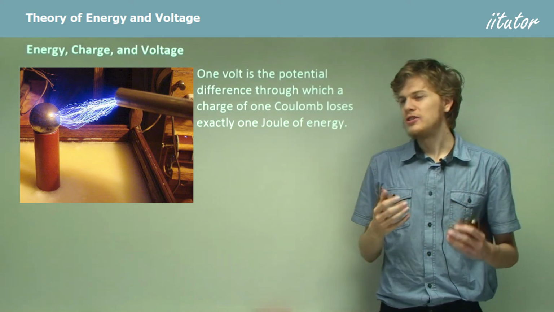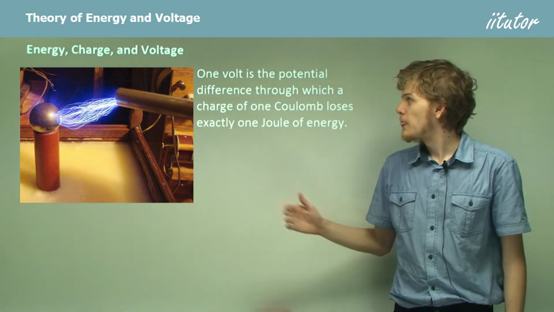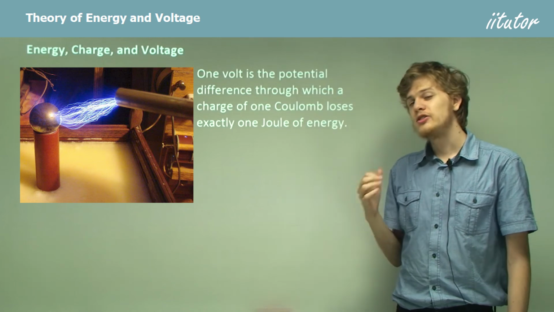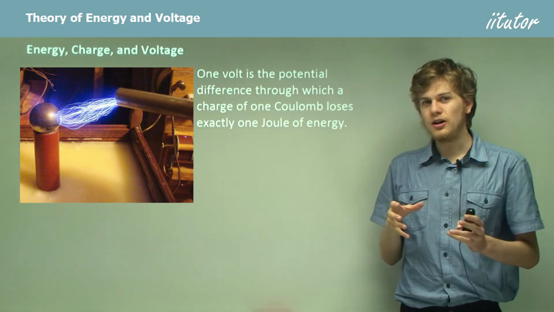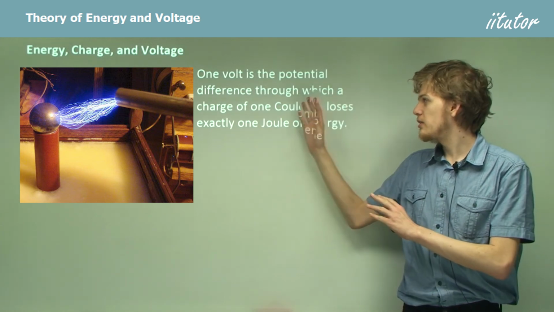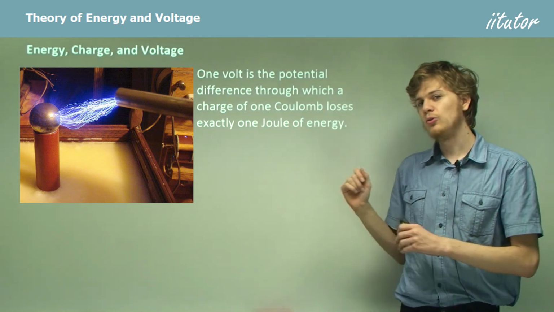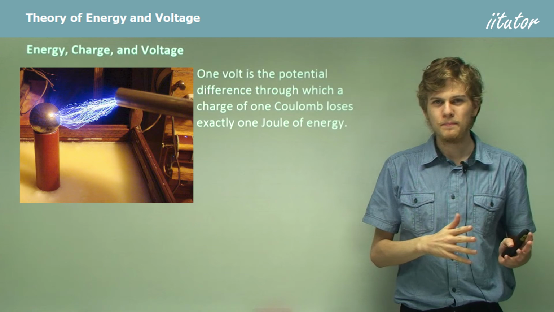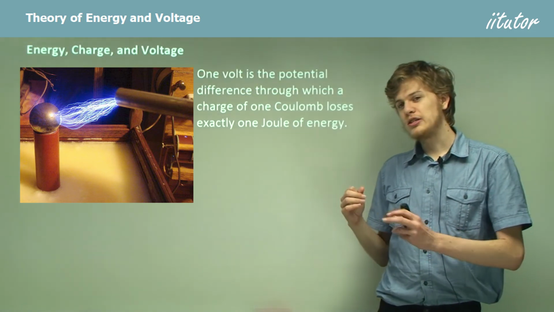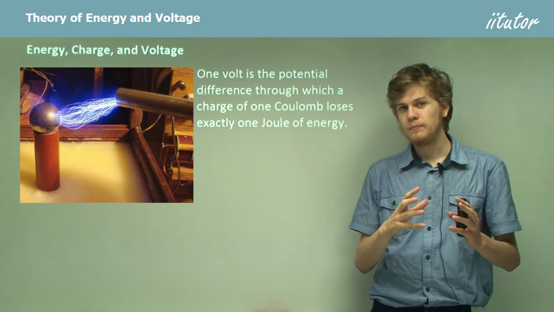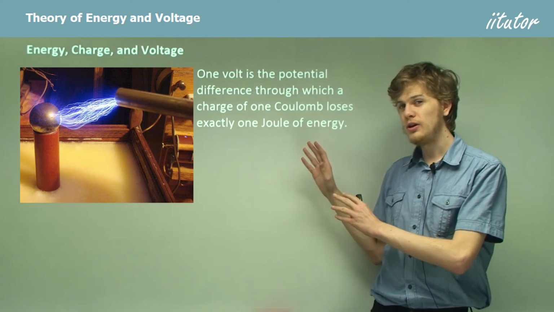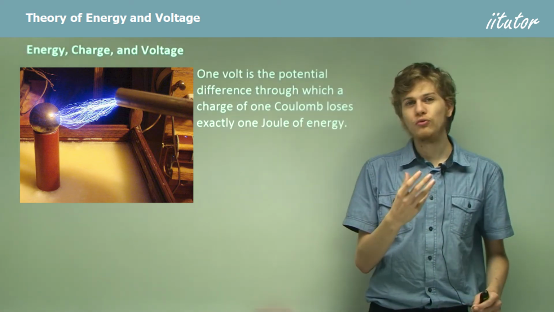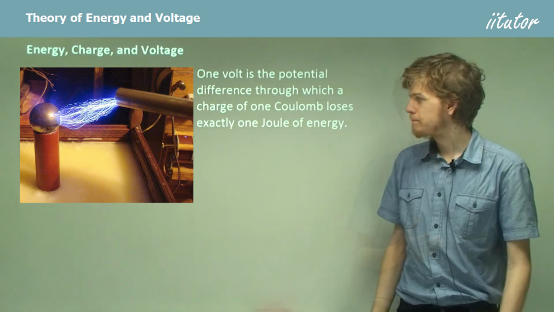Now, here's the relationship between energy, charge, and voltage. 1 volt is the potential difference through which a single charge, exactly 1 coulomb of charge, loses 1 joule of energy. So if we expend 1 joule of energy on a 1 coulomb charge, we can move it through a voltage of 1 volt.